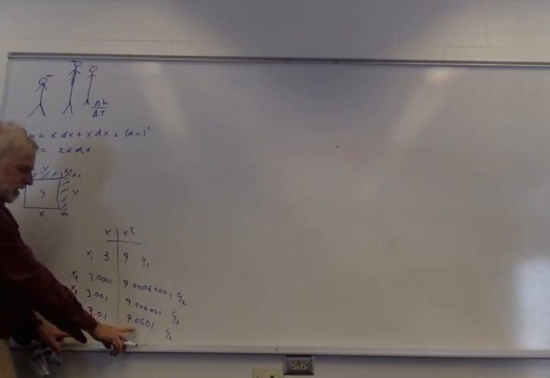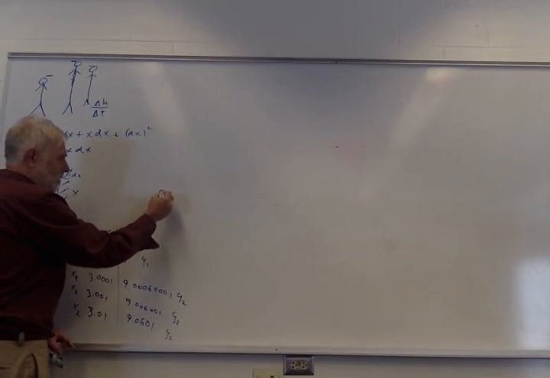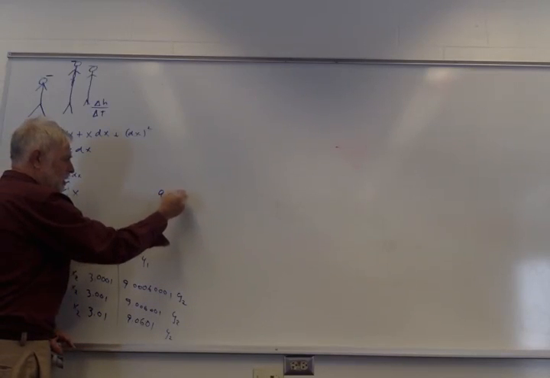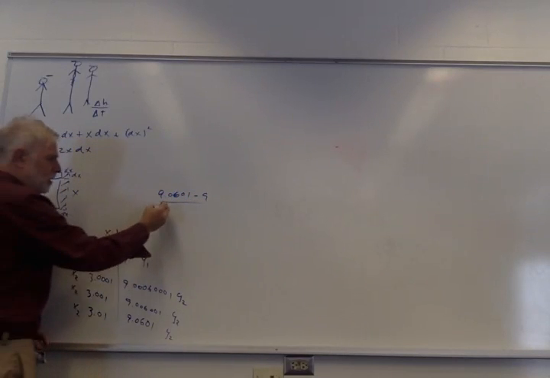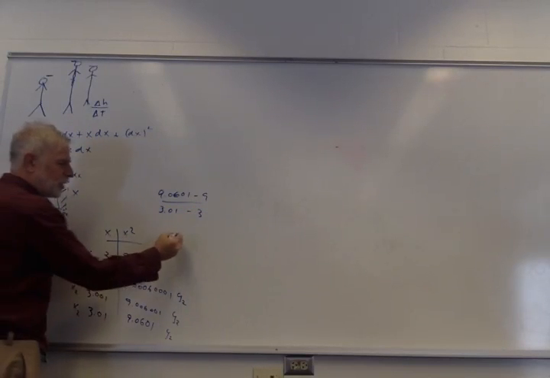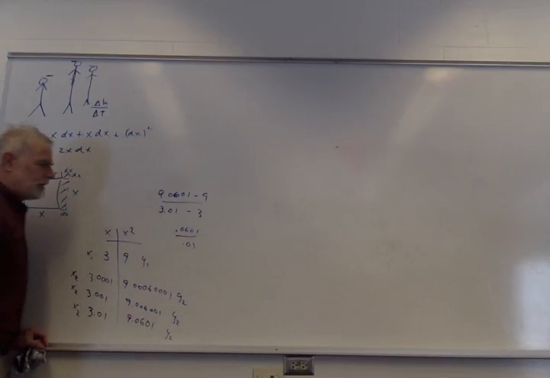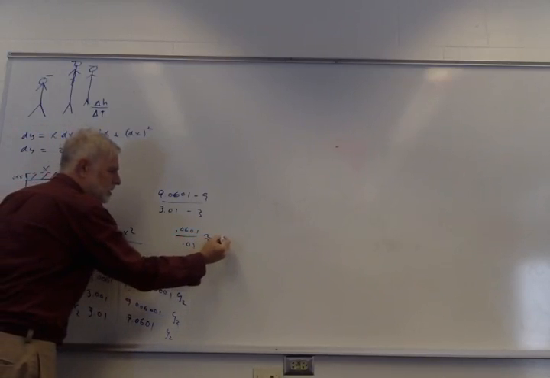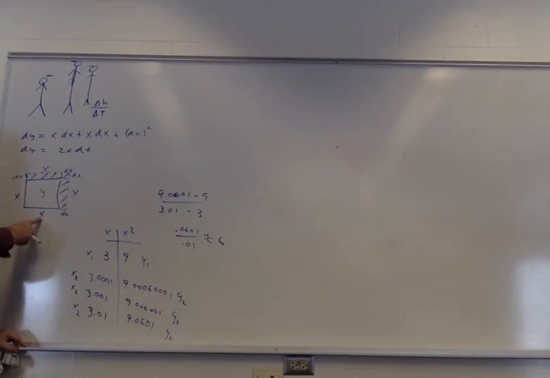We've got 9.0601 minus 9 over 3.01 minus 3. And I think we can see 0.01, 0.0601, and approximately 6 units of change. Oh, yeah, that is 2 times x if it was a 3 by 3.